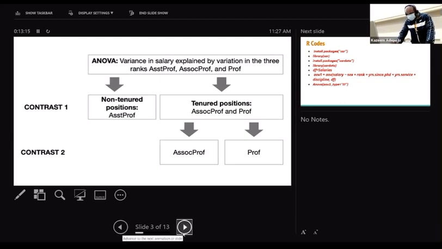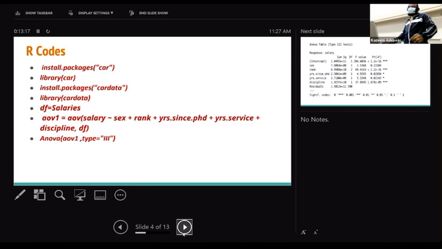Now, if I want to do this in R, I need to install and load the package called car. When you install the car package, you're going to have access to the data set that we want to use here, which is the salaries of professors. Let me take a look at this.